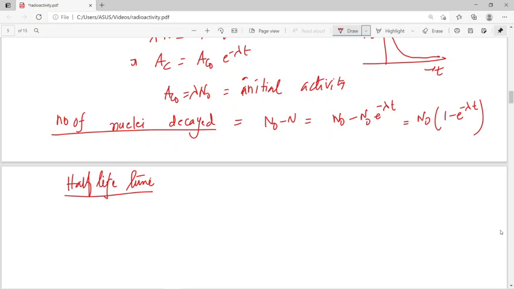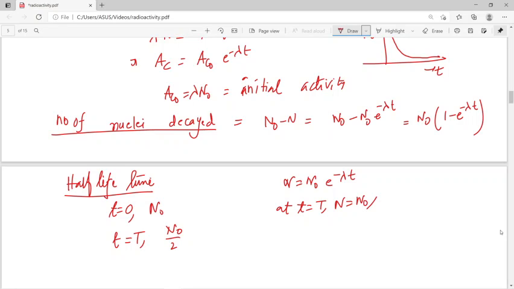It is nothing but this: at t equals 0, n naught nuclei are present. We have to find the time t at which n naught by 2 nuclei are present, that is, the value of capital T. We know the formula n equals n0 e to the power minus lambda t, and at t equals T we can put n equals n naught by 2.